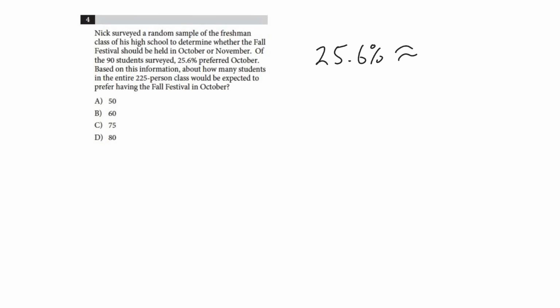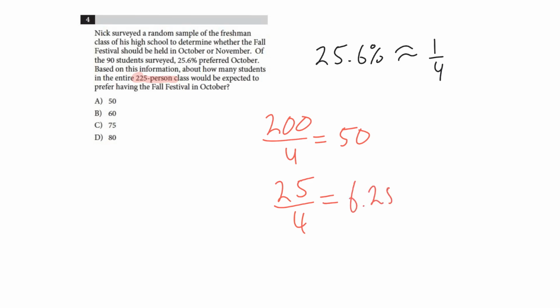25.6% roughly equals 1/4. Okay, so I'm just going to do 1/4 of 225. A fourth of that is going to be, well, a fourth of 200 is 50, and a fourth of 25 roughly equals 6.25.